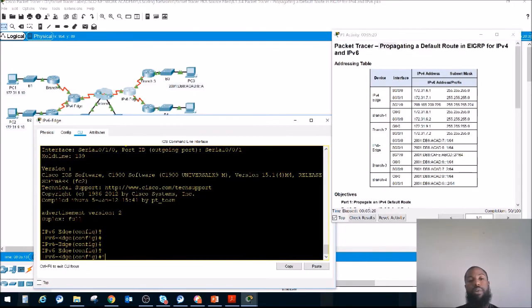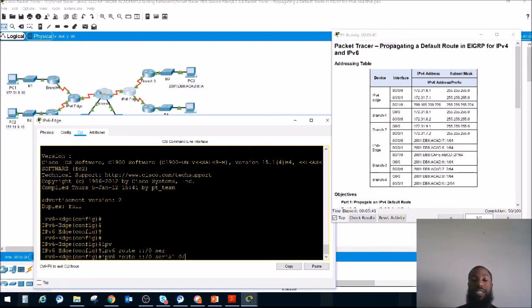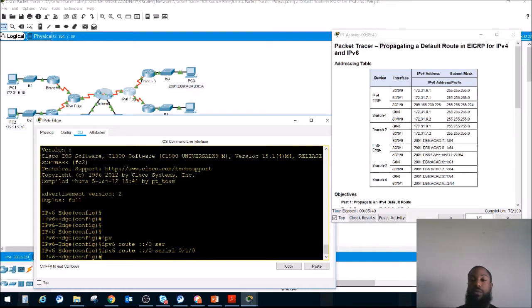My bad. ipv6 route, and then colon colon /0. That's basically the same thing as quad 0 for IPv4, but this is for IPv6. So it's colon colon /0. That's basically a default route. And then you do the outgoing interface, serial 0/1/0.